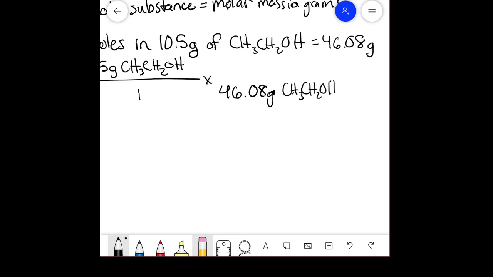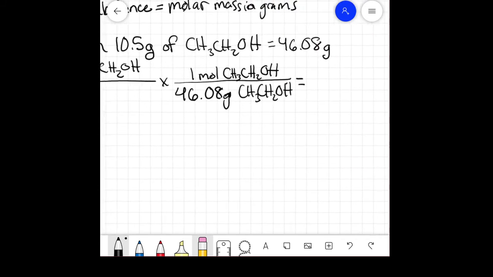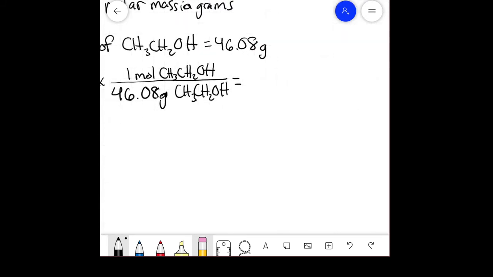And then we just put 1 mole on top, because 1 mole is equal to the formula mass. And then you just plug this in your calculator. So you just 10.5 divided by 46.08, and you get 0.228 moles of this substance.